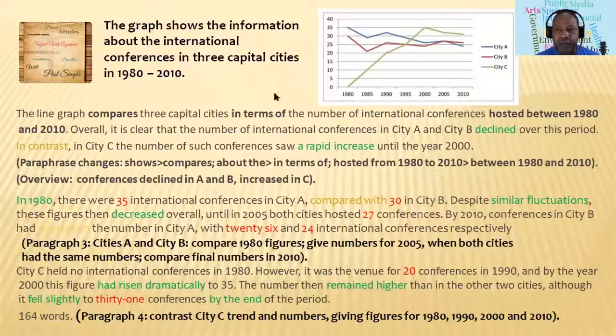First we're going to look at a line graph. A very simple line graph. The title is: the graph shows the information about the international conferences in 3 capital cities from 1980 to 2010.